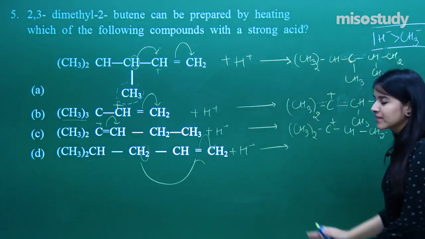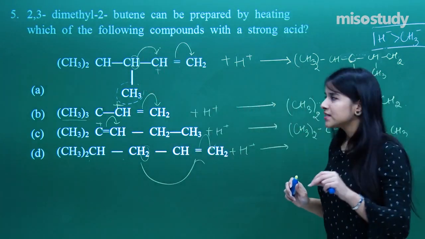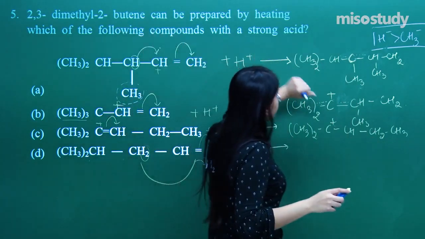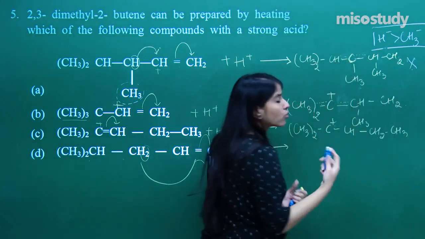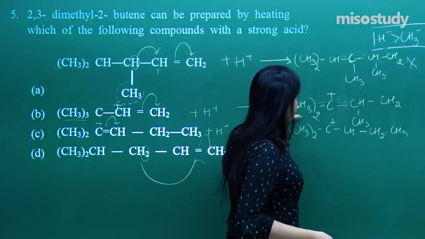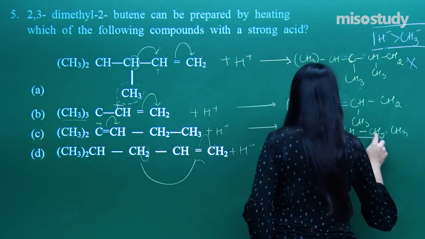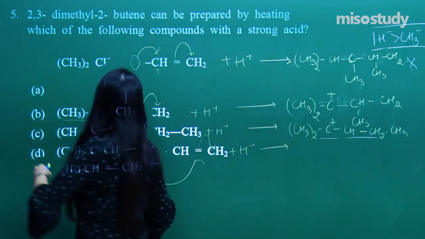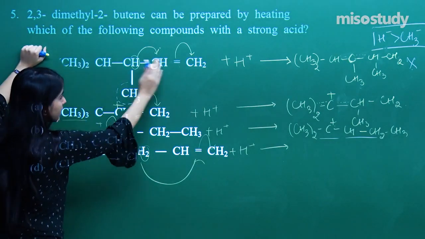Now, we have analyzed all the four options. We need 2,3-dimethyl. So let us just have 2,3-dimethyl. Where is it? I need butene. So this could not be an option because it has got more than 4. Can I have an option over here? Or can I have an option over here? So what would be the answer in this case? How many carbon atoms have I got? Here if you see, I have got many.